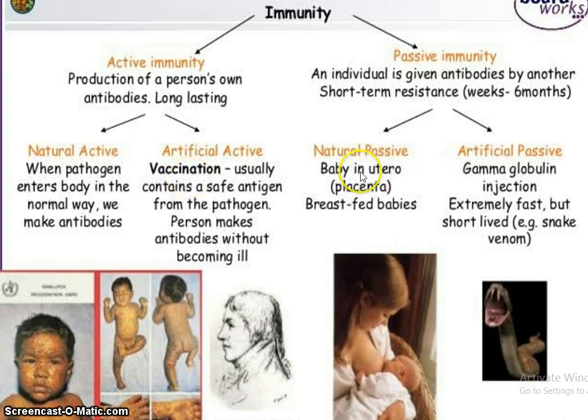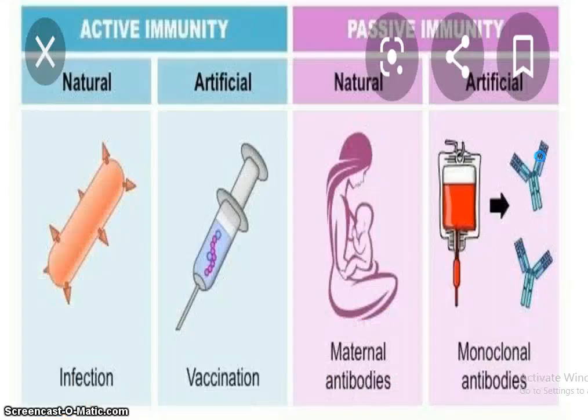Now, natural passive immunity: here we get the prepared antibodies from the mother's placenta as well as the breast milk. And next is artificial passive immunity, which means injections of gamma globulins. Examples are the injection against snake venom as well as the rabies vaccine. These are the examples of artificial passive immunization.